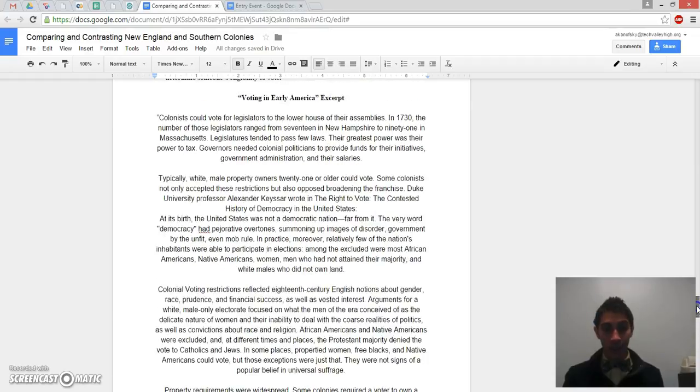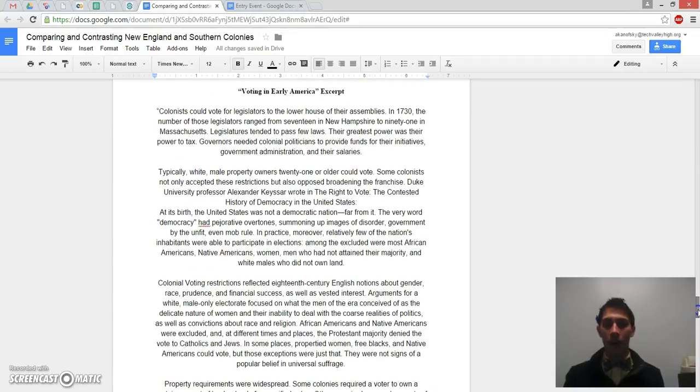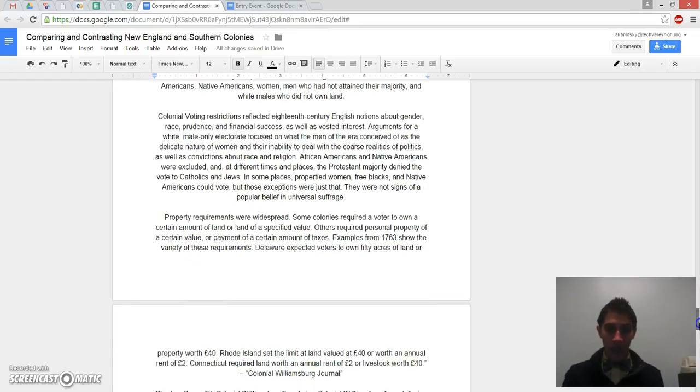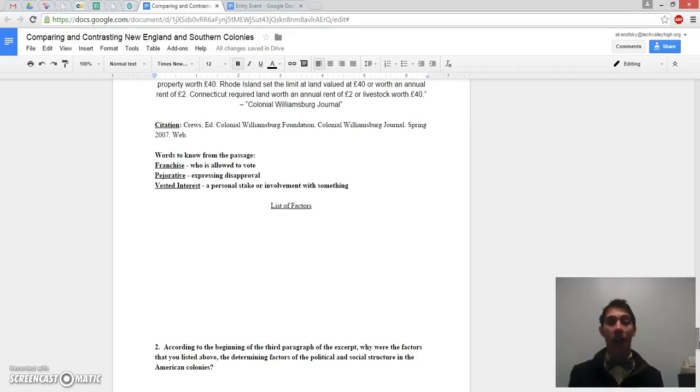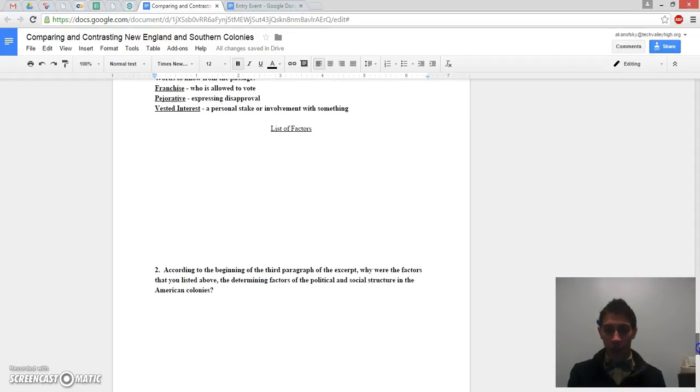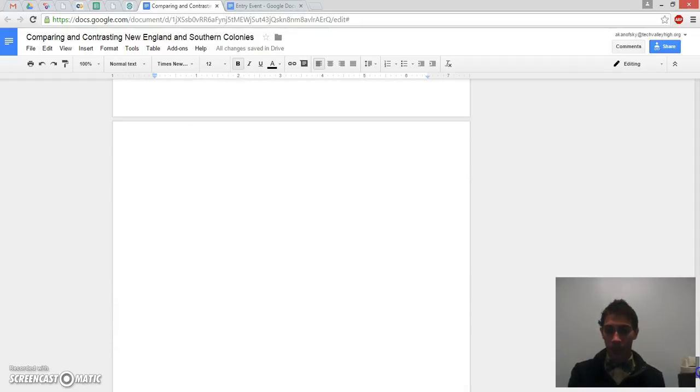And basically what it does is it lists all the factors that mattered when it came to deciding whether an American colonist could vote or couldn't vote in politics and in government decisions. And there's a very, very small portion of the actual population that was allowed to. And they used a lot of factors that you're going to read about to decide whether someone was allowed to vote or not. So you're going to answer a couple questions about that.